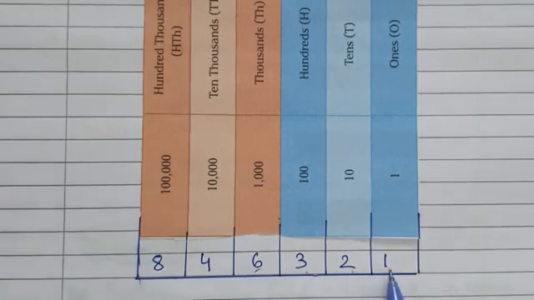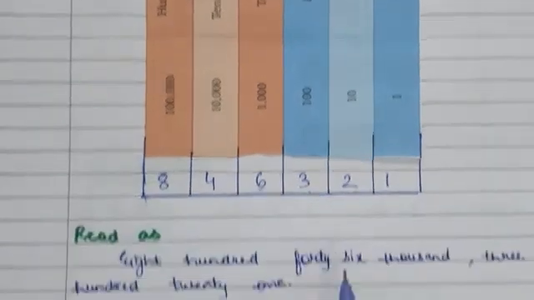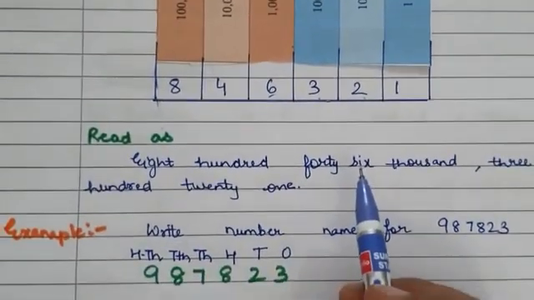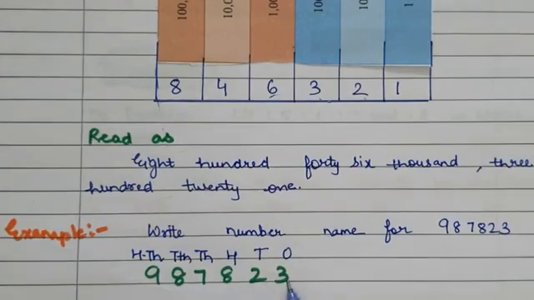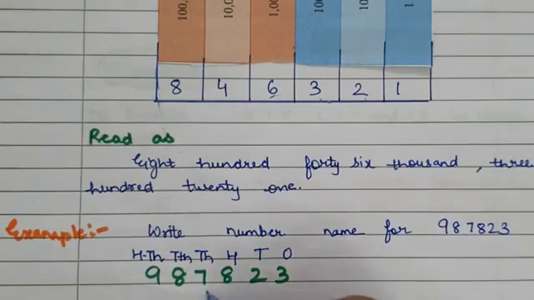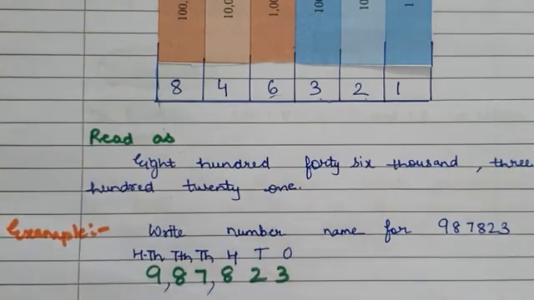846,321. Suppose we are having the next number, that is 987823. First step is to put the commas, like this.